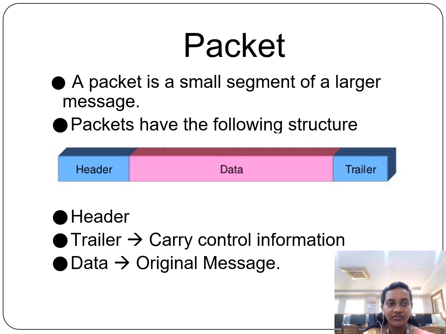The header gives you the important details, the data is the original message you send, and the trailer carries the control information. So a packet has all these three parts: header, data, and trailer.